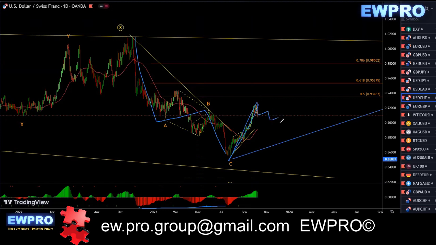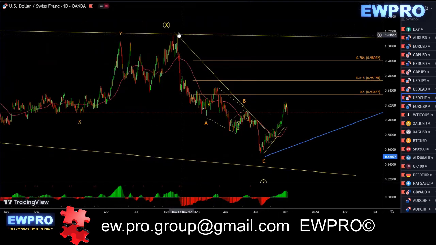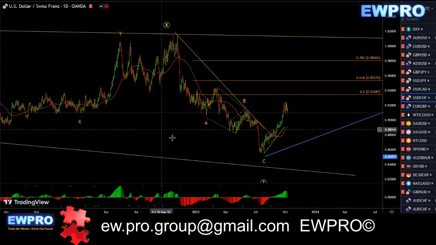So on the daily, I'm looking for a correction for more upside for those possible 5 waves. Again, it may be just 1, 2, 3, 4, 5. It may be just 3, or it may be just one wave. We don't really know at this stage, but really like it to at least come up to, well, first targeting that 50 fib, as shown on my chart.